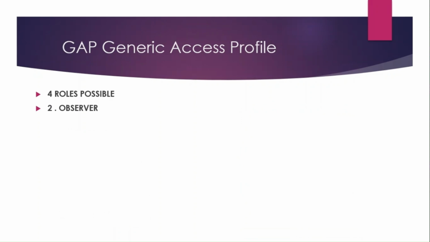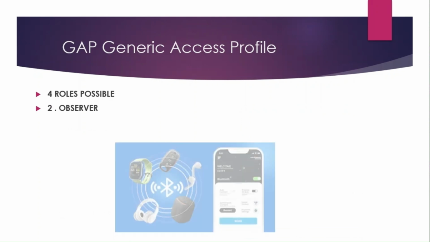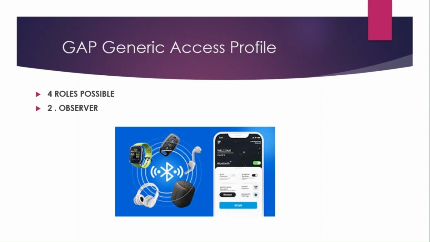The second role is the observer role. We know the broadcaster keeps sending data, and the data sent by the broadcaster has to be received by someone. That is the observer. The observer keeps scanning for nearby advertising devices. For what advertising and scanning mean, I have done videos in my previous sessions.